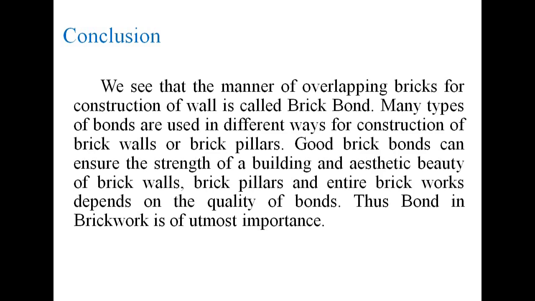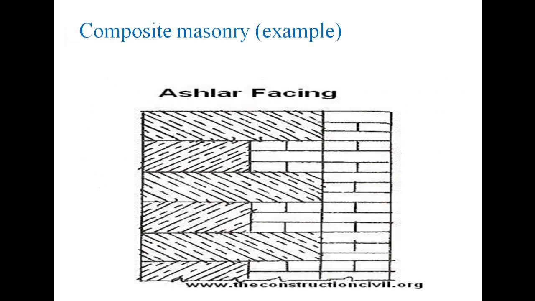Brick pillars and entire brickwork depend on the quality of bonds. Thus, bonds in brickwork are of utmost importance. This is the conclusion; I have just written a statement. You can also write your own conclusion for this presentation.